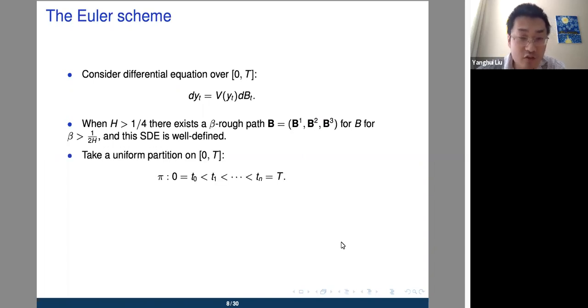Now let us take a uniform partition over the time interval 0 to T, and we denote the partition by t_0, t_1, up to t_m.